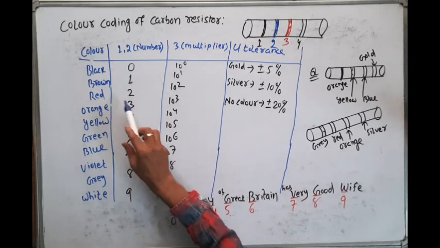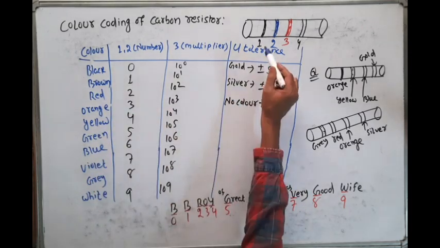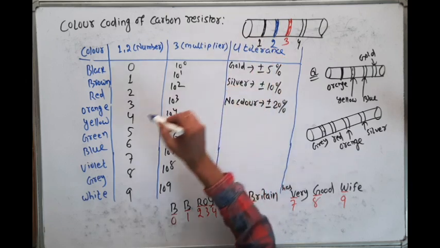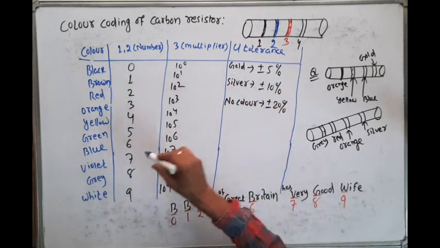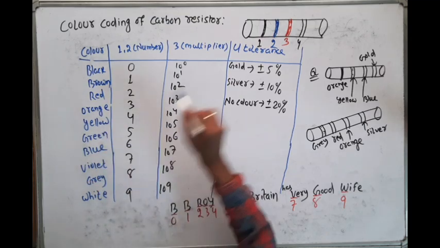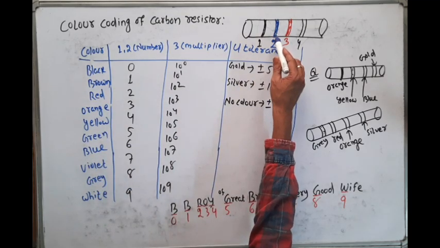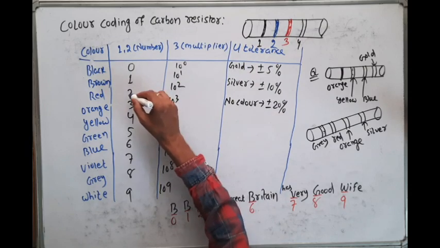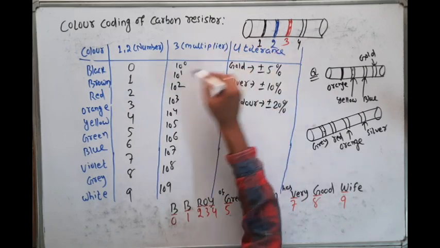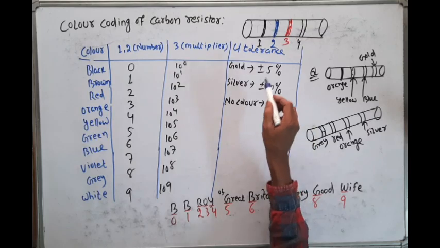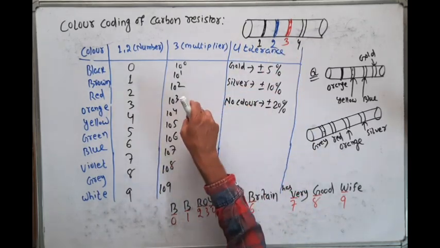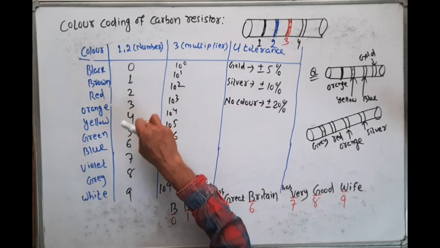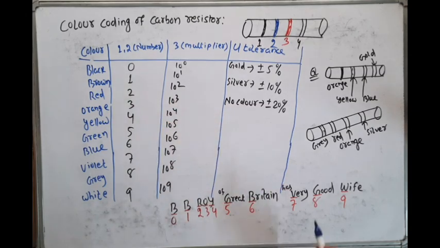Similarly, suppose the first band is yellow, that means we take the number 4. And if the second band is red, then we take red as 2. Depending upon the color, we take the multiplying factor, the first and second digits, and the tolerance. Let us take an example.